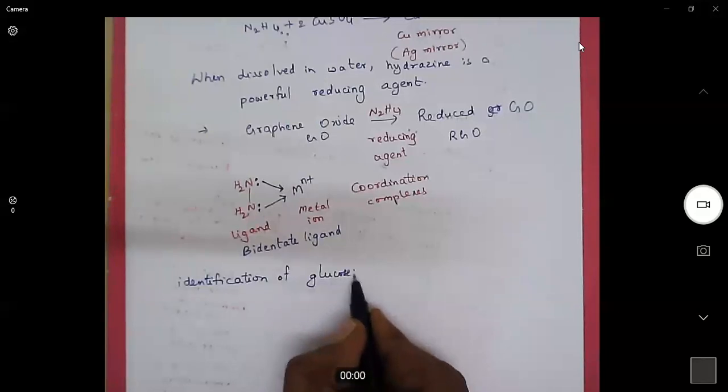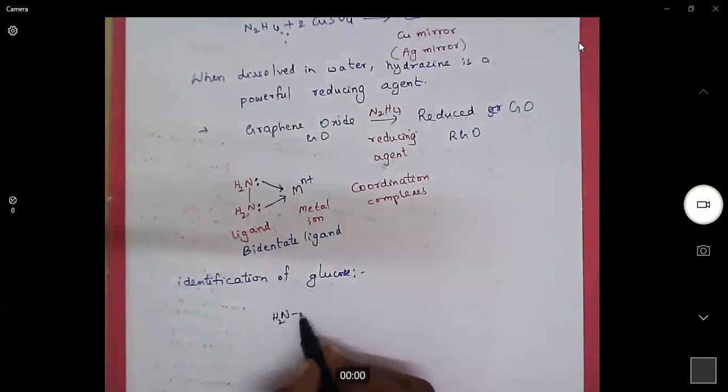For example, we will take glucose as an example, and we will discuss how hydrazine is used as a reagent to identify the carbohydrate molecules.